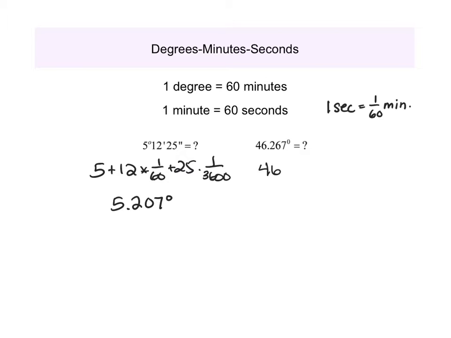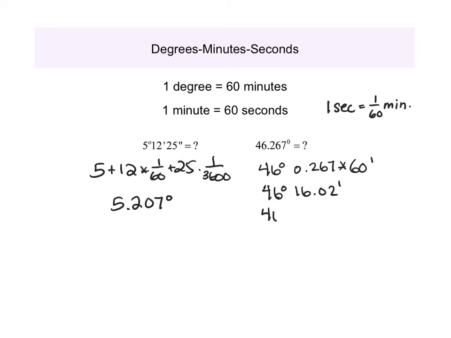Now, if I want to convert decimal degrees to minutes and seconds, it goes like this. I have 46 degrees, and then I have 0.267 times 60 minutes. So that becomes 46 degrees, 16.02 minutes. But now I have a fraction of a minute, which is really seconds.